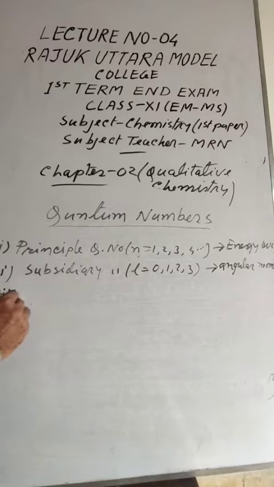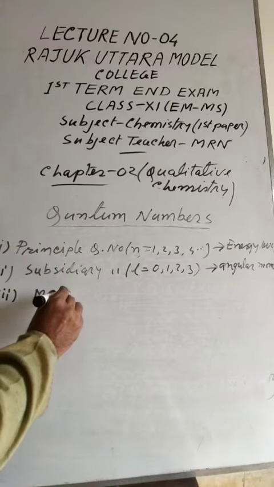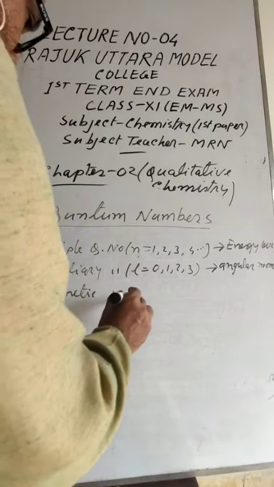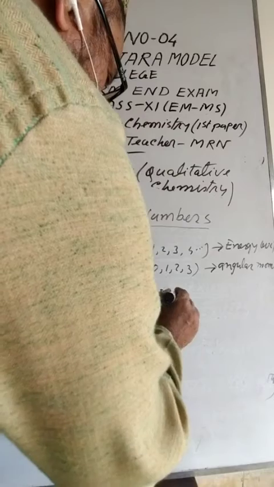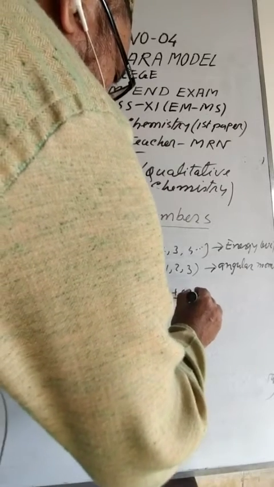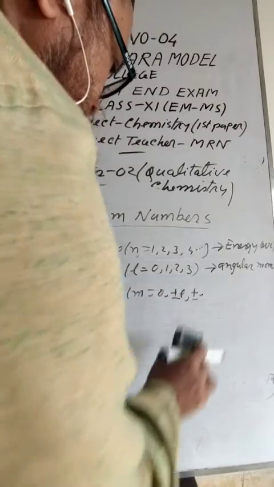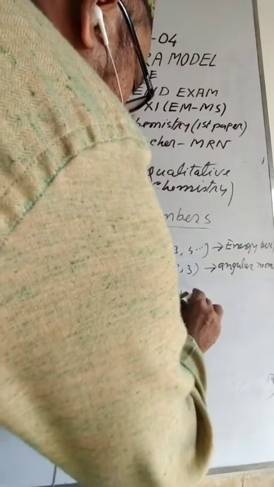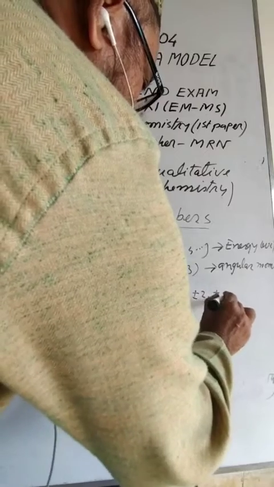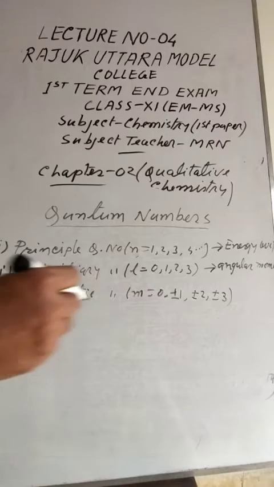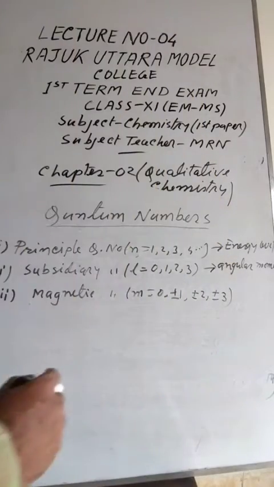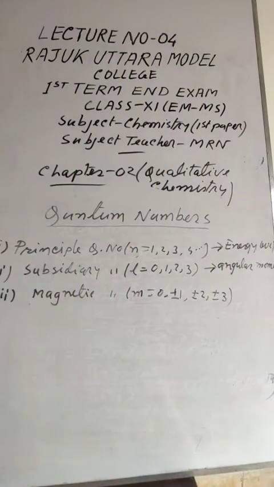Number 3, magnetic quantum number, represented by m. This one is 0, plus minus 1, plus minus 2, plus minus 3, etc. This magnetic quantum number represents the behavior of the electron in the magnetic field.